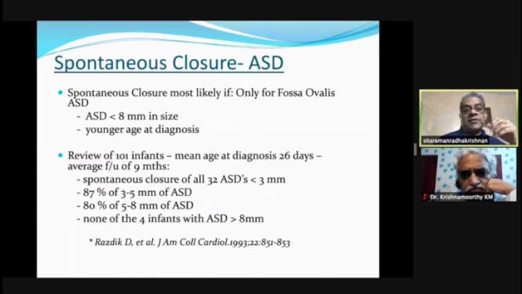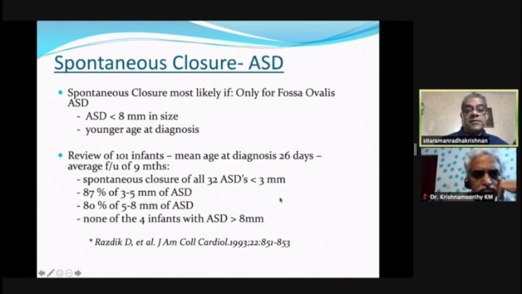Now, before I actually go into evaluation, can spontaneous closures occur in atrial septal defect? It has been shown only for fossa ovalis defect, or what is known as the ostium secundum ASD. And it is said that if you see an ASD less than 8 millimeters and at a much younger age, that is less than 1 year of age, then there is a good chance that many of them can close by itself, especially when it is less than 6 millimeters.